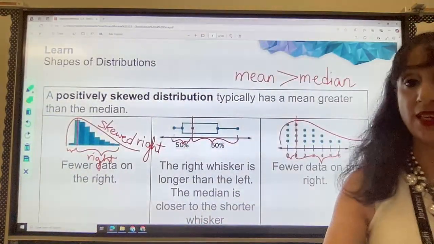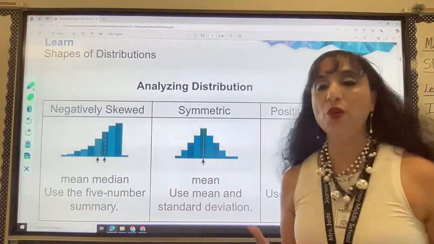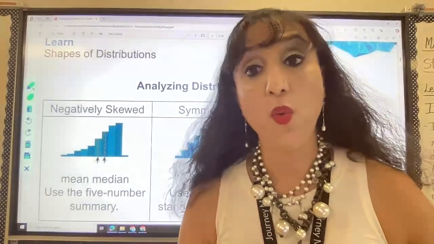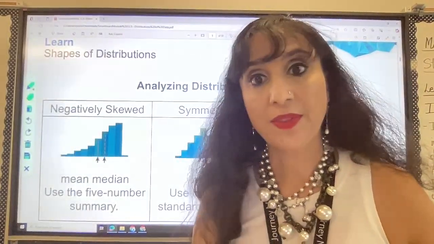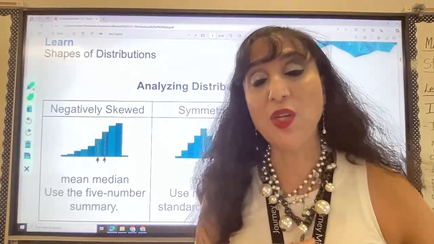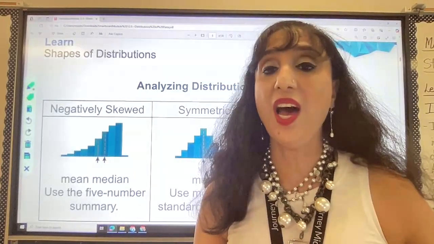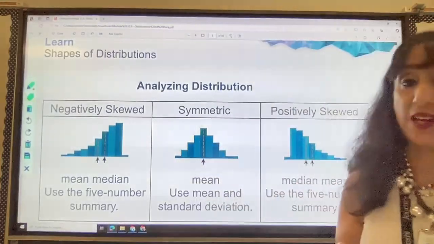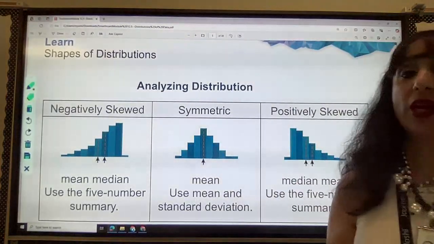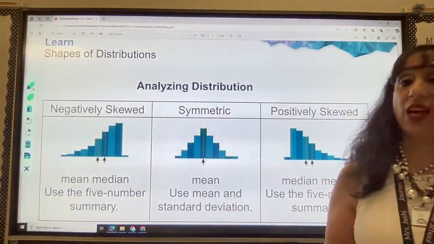the distributions. So when we are analyzing distribution, the most important thing to remember is when it is symmetric, then we are going to use mean, and we are going to use mean absolute deviation or standard deviation to see the variation in the data. Okay, so we can use mean and again mean and standard deviation.